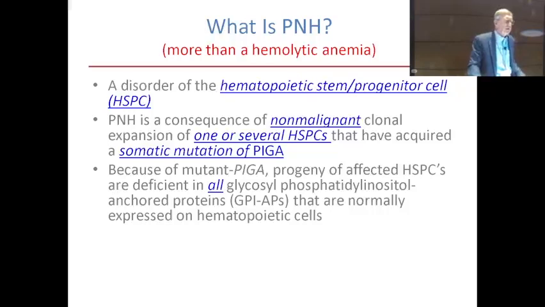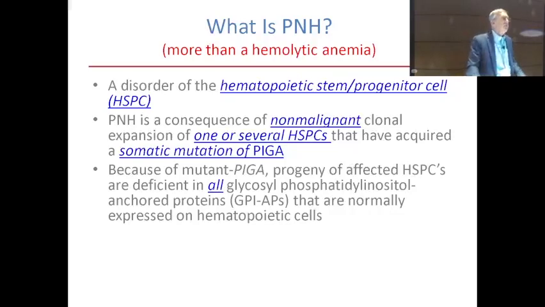So the somatic mutation affects a gene called PIGA, which is involved in the biosynthesis of the glycosyl phosphatidylinositol anchor, and we'll go into some detail about that shortly. But this, again, typically involves several different stem cells.